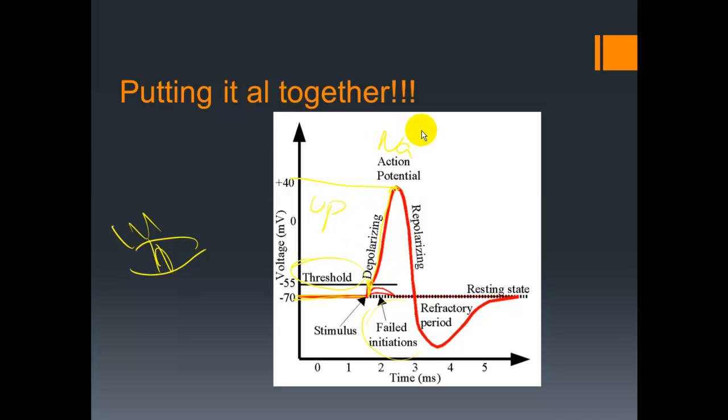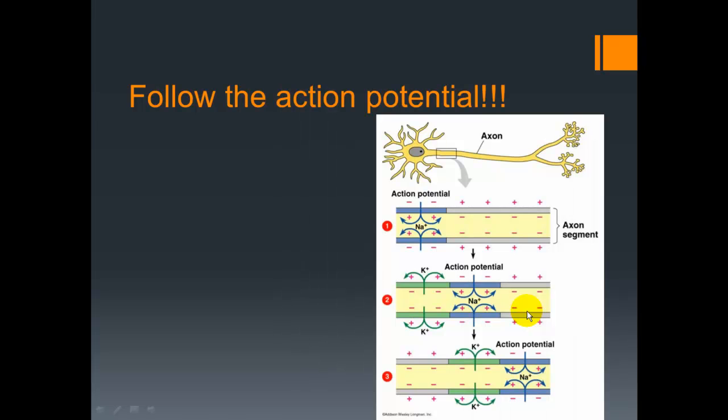Sodium gates at the top will close. The potassium gates open, and this repolarizes the inside of the cell. There is a brief recovery period where it hyperpolarizes, and this is when the sodium potassium pumps turn on again to restore the ion distribution.